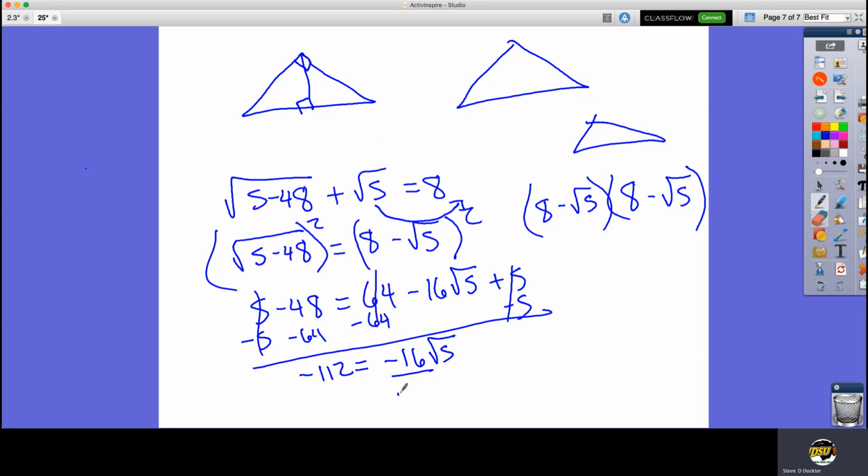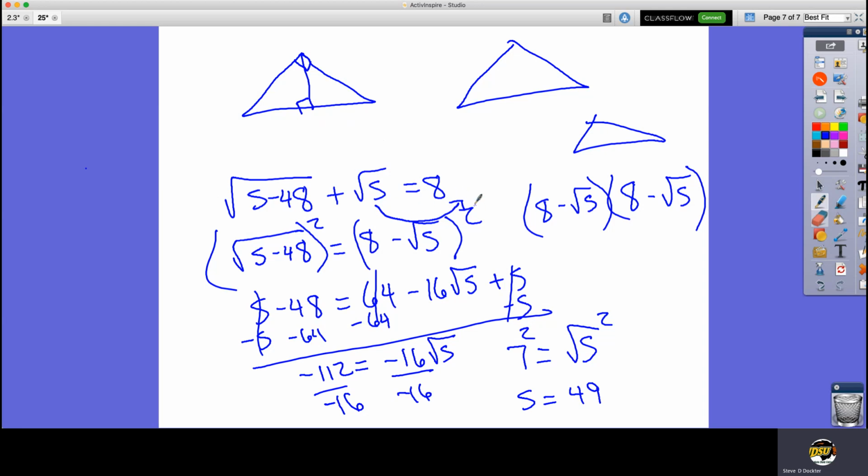From here, we divide by negative 16, and that ends up being 7, I think. Pretty sure, yeah. So we get 7 equals the square root of s. Once you get here, you're fine. We square both sides, and s equals 49.